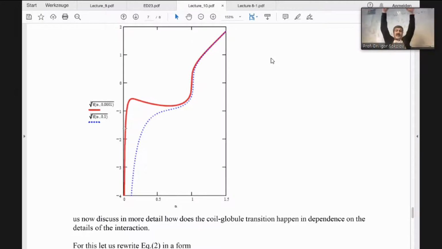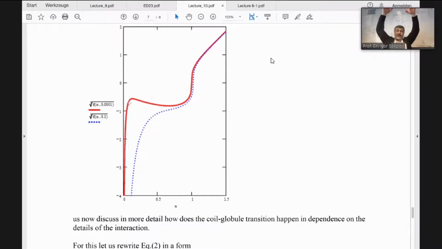So what happens if you lower the temperature is the chain gradually gets smaller. Then you arrive at the temperature corresponding to the minimum. This is the size of the chain. And then if you lower it by a very small amount, the chain collapses here over a considerably smaller size. So here you have a collapse of the chain instead of the gradual crossover.